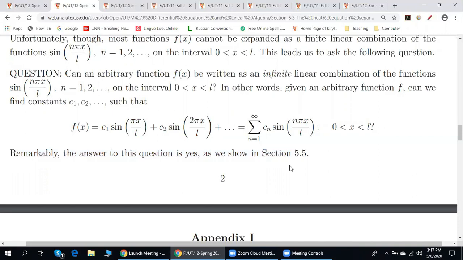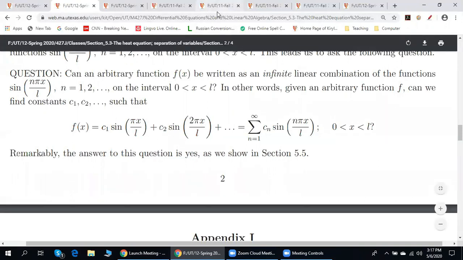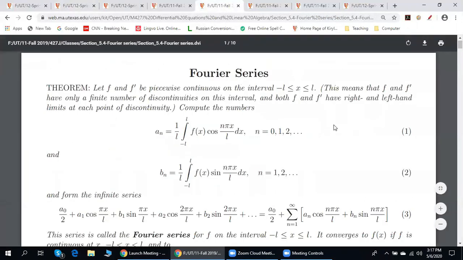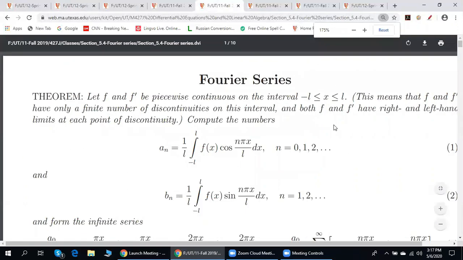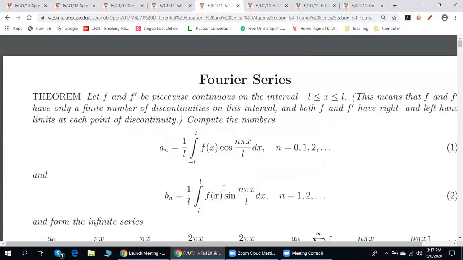We will discuss it in section 5.5, but in order to understand the ideas that we describe in section 5.5, let us first go to section 5.4, which is called Fourier series.